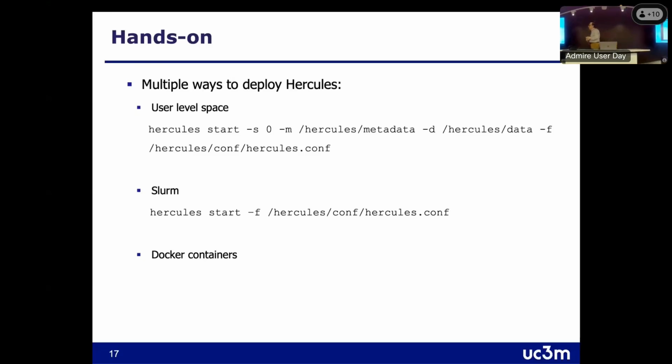For Slurm, we can also start the system using Slurm, and the script is the same. The only thing we use is a different configuration. We have a configuration file that is slightly different, but you see that the deployment is very easy.